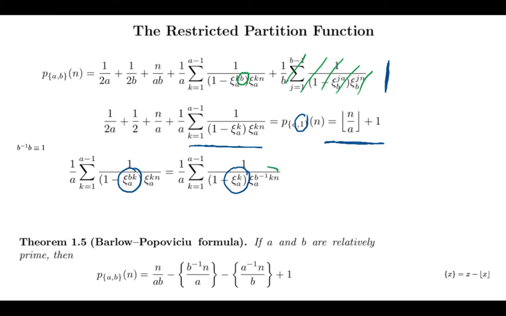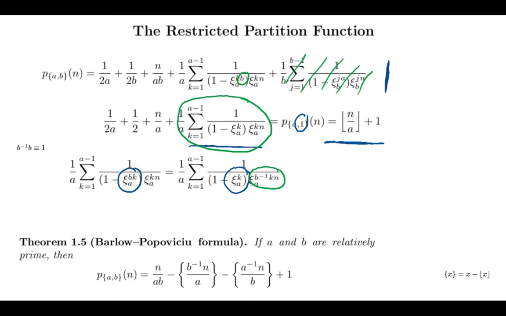So if I have a simple k over here, that means on this side I need to multiply by b inverse. This allows you now to use the formula that we have up here, which really says that this sum can be expressed as a simple form in terms of the floor function and some easy rational expression.